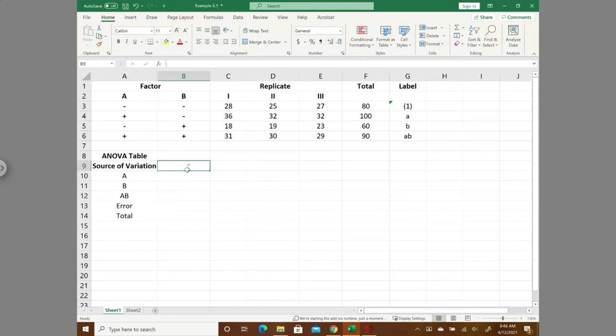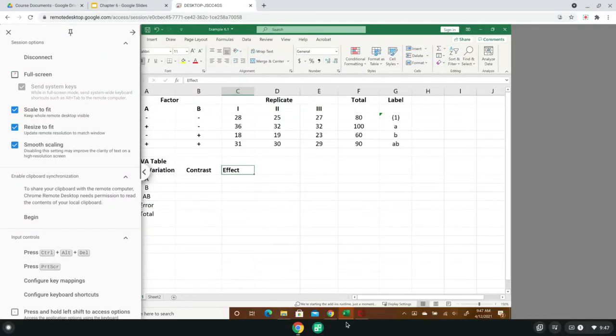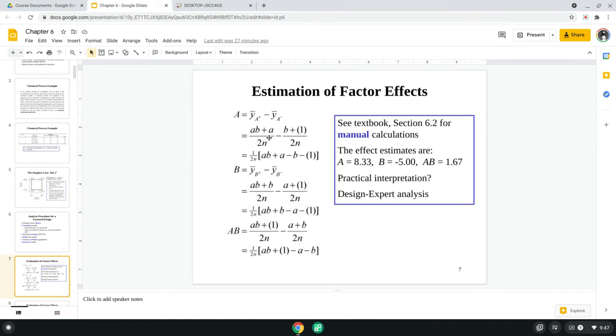Next, we can calculate the contrast, then the factor effects. We are going to use these formulas to calculate the contrast, and we divide by 2n.